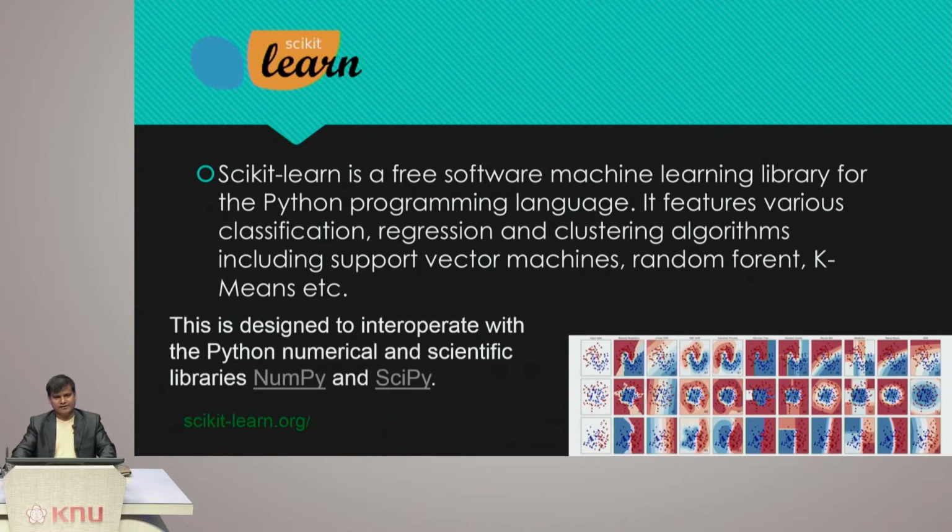Okay, Scikit-Learn is another tool, and this is designed to interoperate with Python numerical and scientific libraries like NumPy and SciPy. We already touched on NumPy and SciPy, but this is going to give us some more support, and this support basically is more powerful for machine learning purposes.